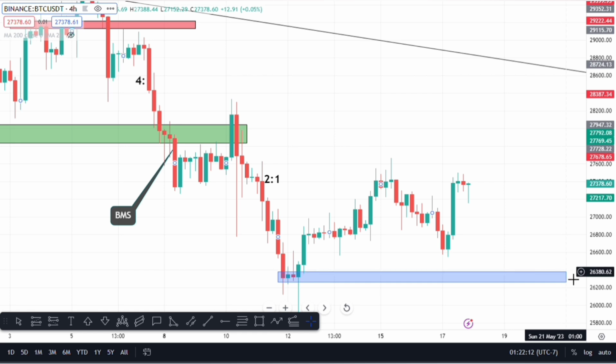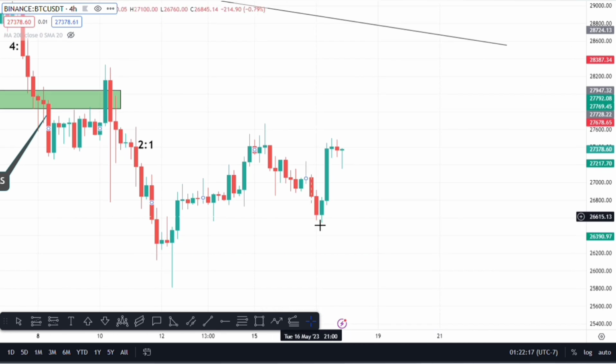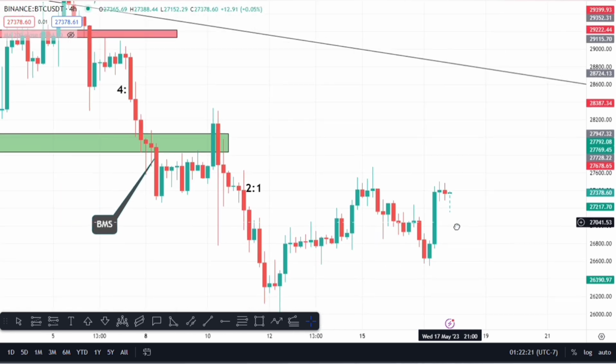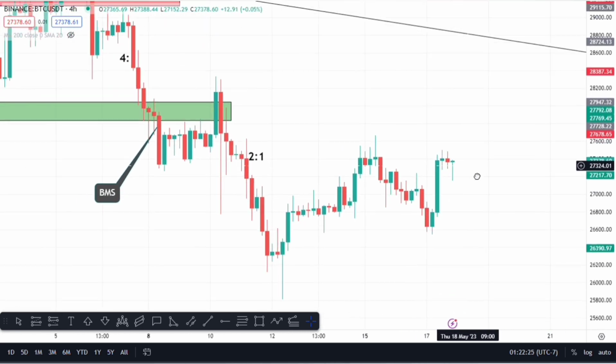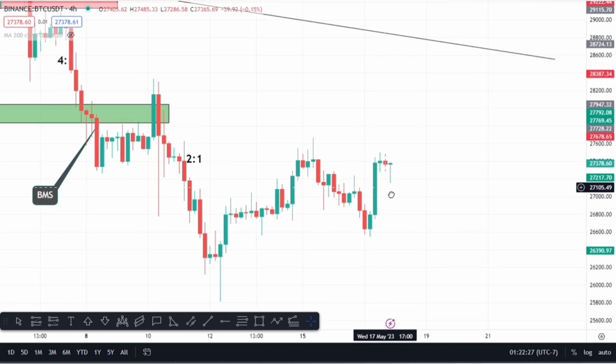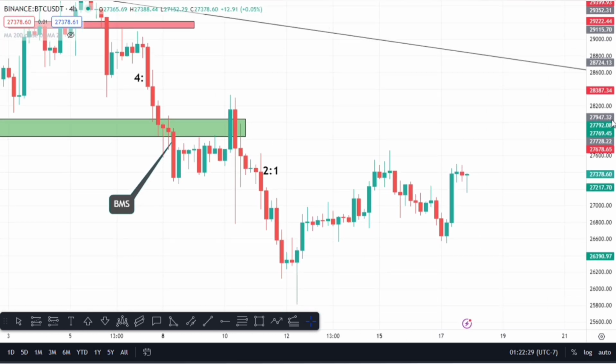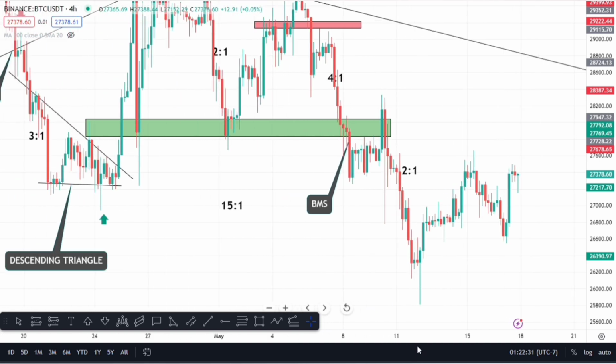So probably I'll be waiting for a reaction towards this zone, or towards both zones together, because there's going to be more liquidity there before we could say, hey, price is trying to change momentum. But for now, we are still looking at the scenario of the market going downwards.